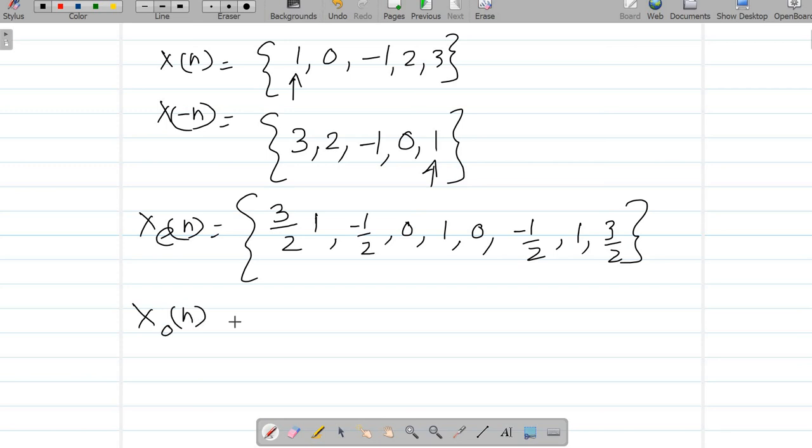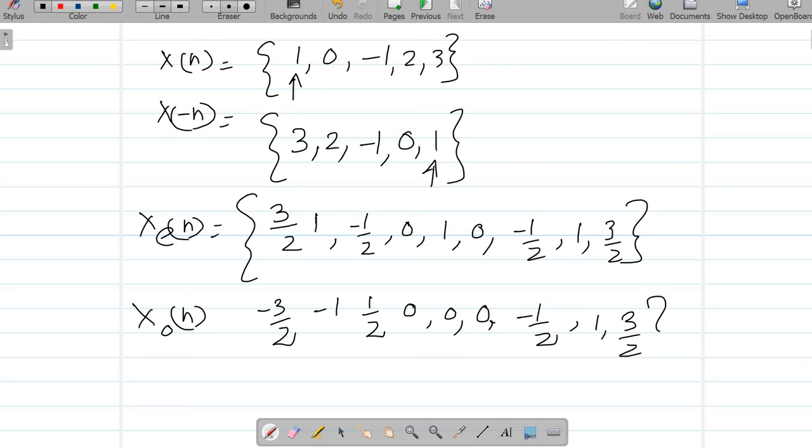So if I want to find the odd part, it will be minus, here it will be plus, it will be 0, then again 0, again 0, then it will be minus half, 1 and 3 by 2.